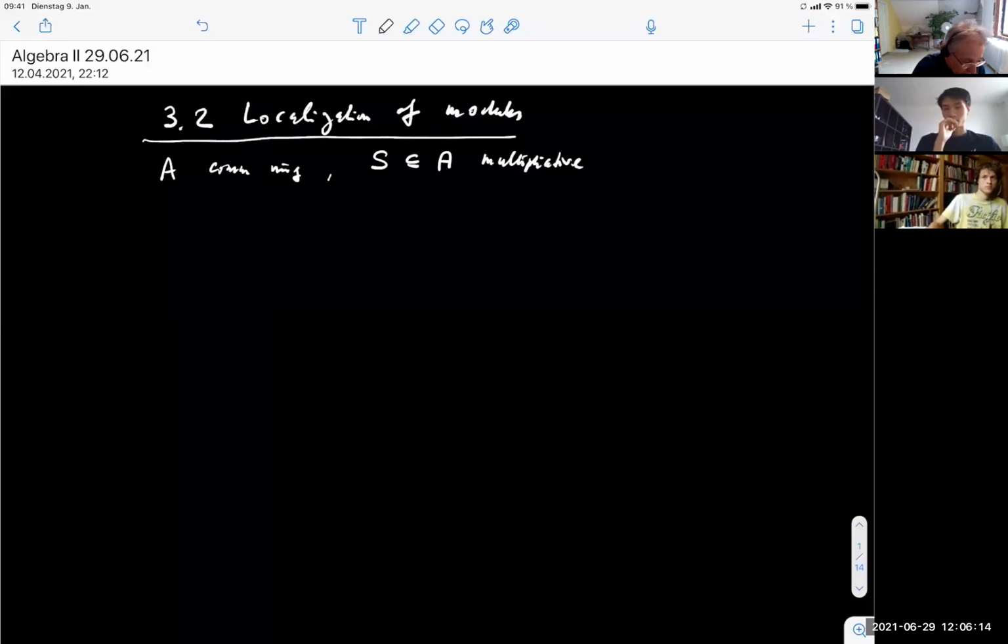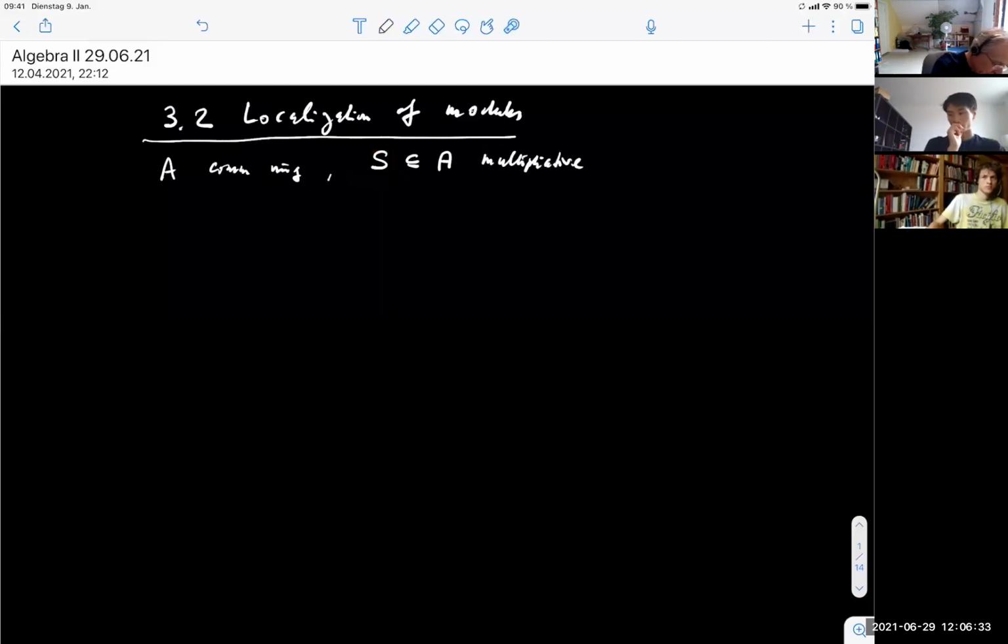Right, and what was the goal when we introduced the localization of the ring? The goal was to construct a new ring where all these elements of S become units. So they have multiplicative inverses. So now we are a little bit more general.